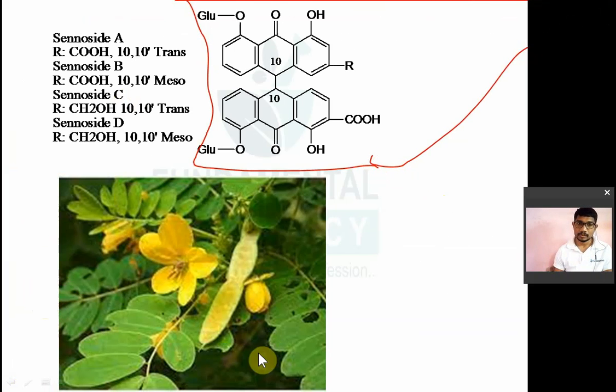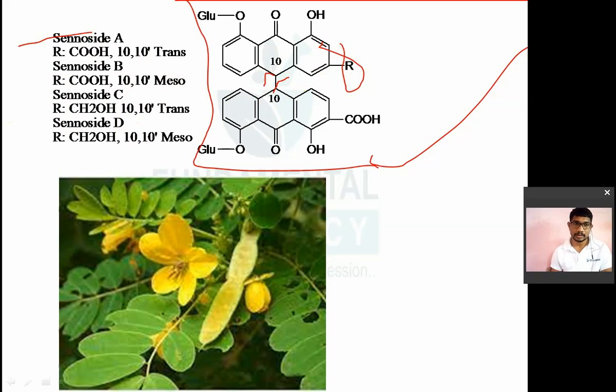Now sennoside A, sennoside B, sennoside C and sennoside D. In sennoside A, this R group is nothing but the carboxyl group. And the configuration at this 10th position, there will be a hydrogen here. Because of that, this is an asymmetric carbon atom, and that's why geometrical isomerism is possible over there.